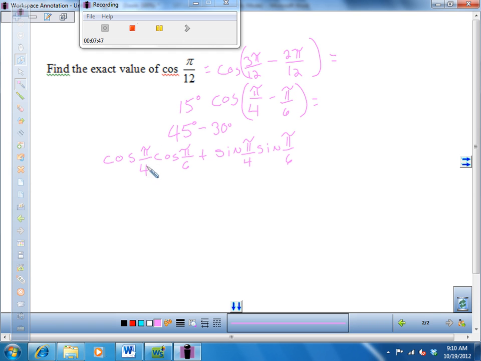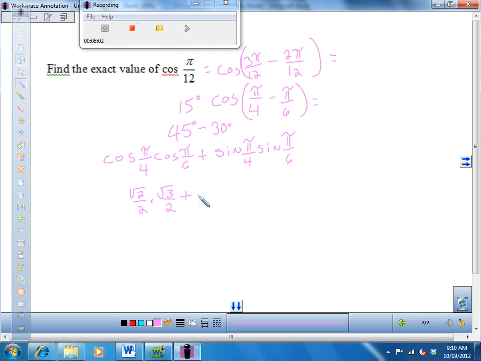Pi over 4 is 45 degrees, pi over 6 is 30 degrees. So cosine of pi over 4 is root of 2 over 2. Cosine of pi over 6 is root of 3 over 2 plus, hold on. I'm just getting these things off the unit circle.